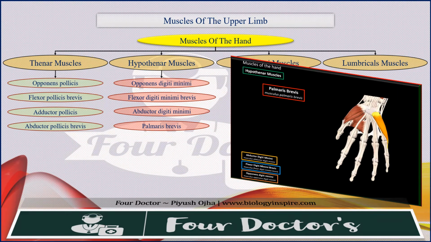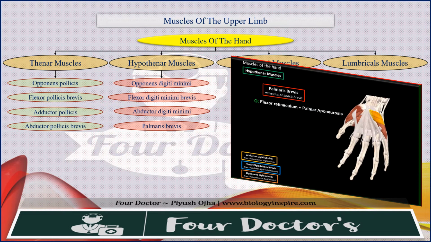The last muscle of the hypothenar region is the palmaris brevis. This muscle originates from the flexor retinaculum as well, this one, and it also originates from the palmar aponeurosis, which is the structure that the palmaris longus inserts on. The palmar aponeurosis is primarily a fibrous triangle covering the palm to protect the neurovascular structures underneath it, and it also fuses with the superior palmar fascia at some parts.